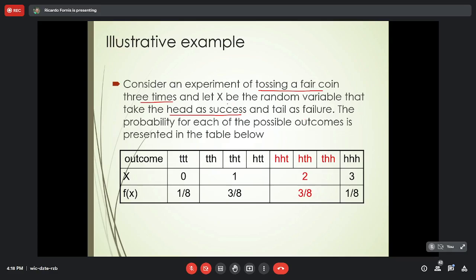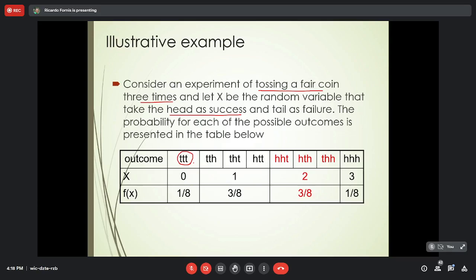So if you consider head as success, then tail is considered as failure. The probability for each of the possible outcomes is presented as follows. If you are interested of 3 failures, because head here is considered success, no? Unya ang tails mao may failure.